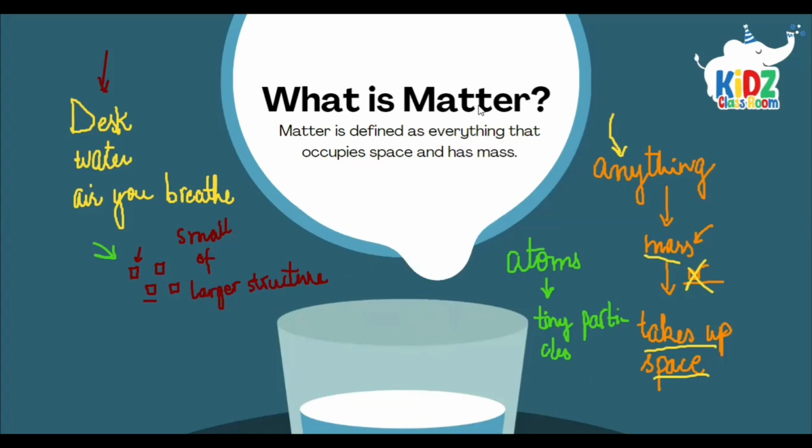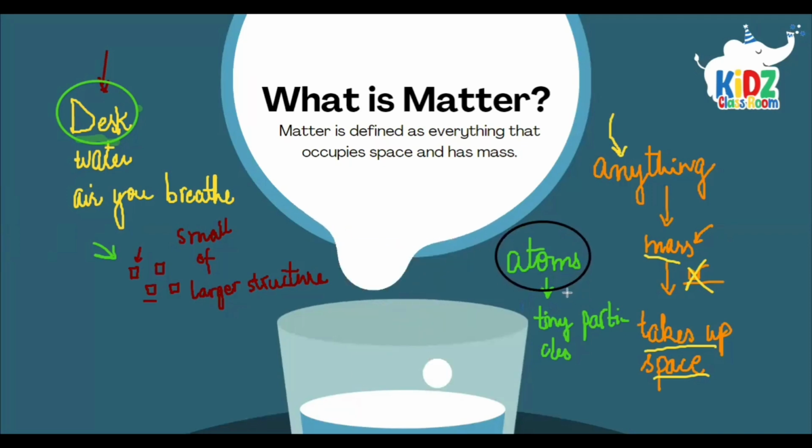So let's revise. What is matter? Matter is anything that has mass and takes up space. For example, we wrote some examples: desk, water, the air you breathe. And then we learned that tiny particles called atoms make up matter.